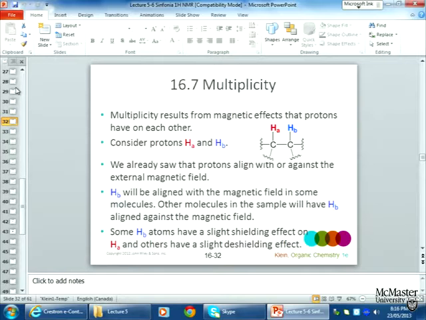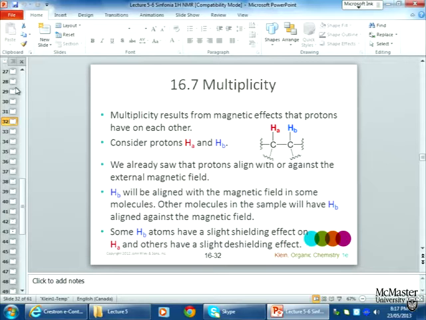And we pointed out last time that NMR is a very insensitive technique. 50.001% are aligned with the field of all molecules, and 49.999% are aligned against. So it's a crapshoot. If I'm sitting on HA in one molecule, I have a 50-50 chance of HB being aligned with or against the field, but it's aligned one way or the other. It's quantized. So HB has to be either up or down. It can't be anywhere in between.